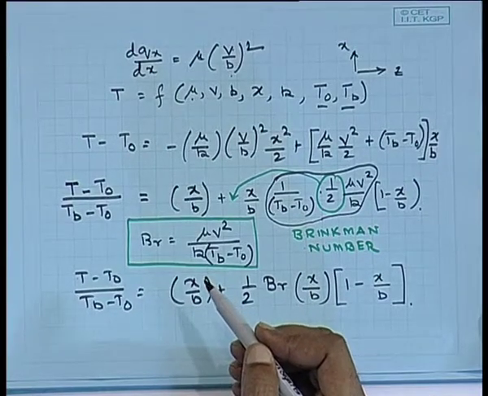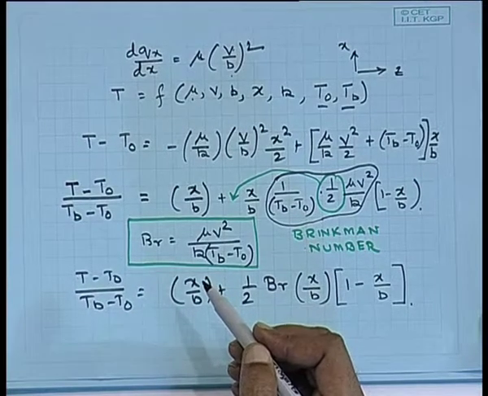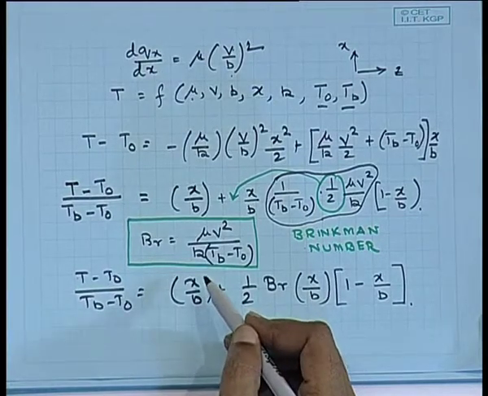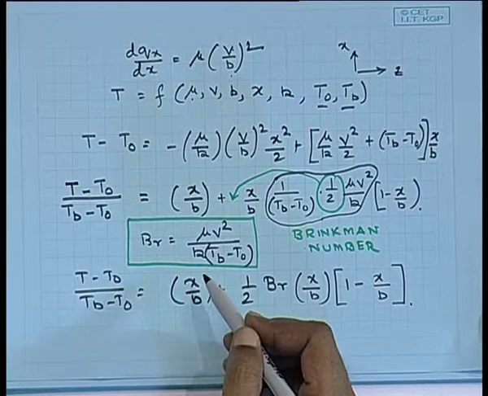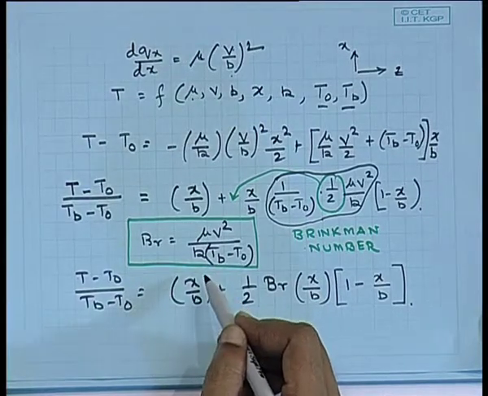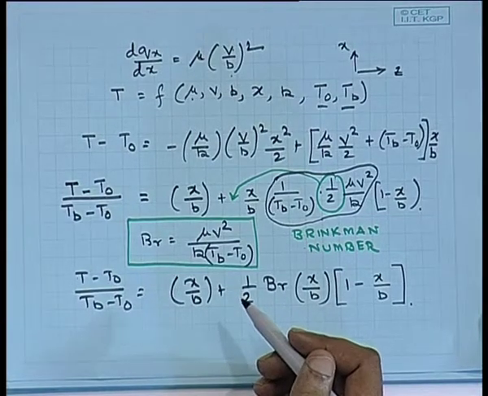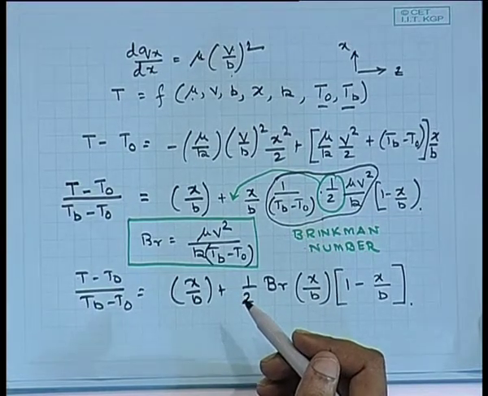So, it is a ratio of the amount of heat generated by viscous heating, and the amount of heat that is conducted due to an imposed temperature difference in the system. So, that is the physical significance of the Brinkman number.